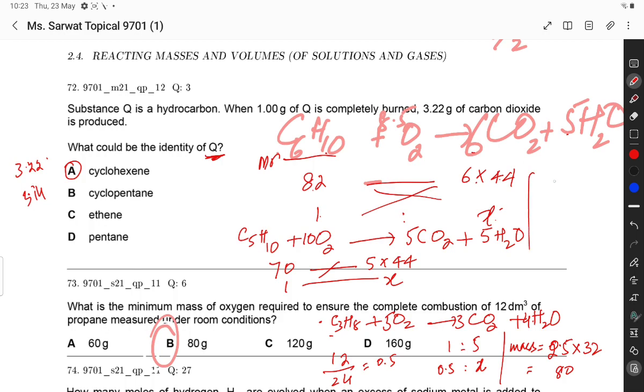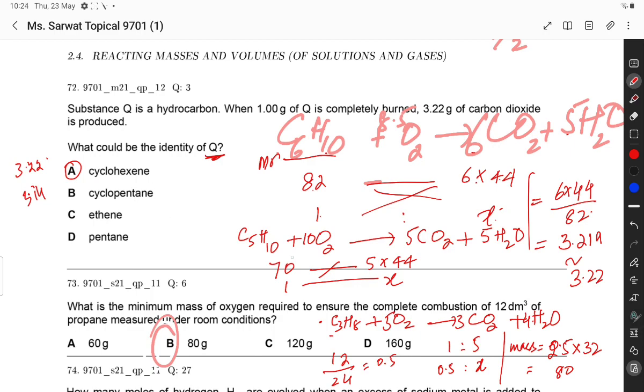So this is 6 times 44 divided by 82. So the mass is 3.219, which is equal to 3.22. So option A is correct. Similarly we can calculate cyclopentane.